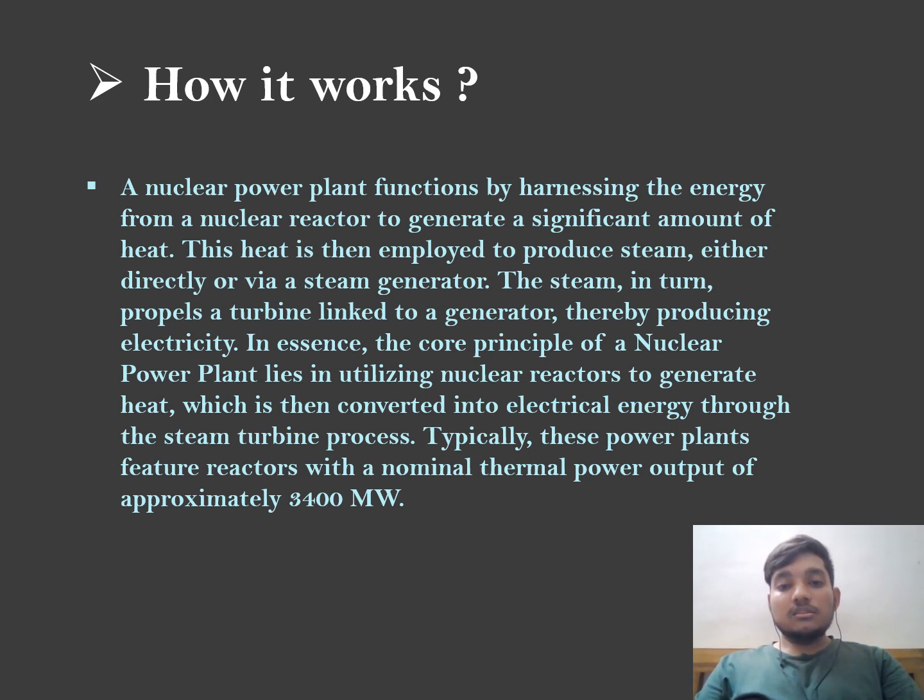In essence, the core principle of a nuclear power plant lies in utilizing a nuclear reactor to generate heat, which is then converted into electrical energy through the steam turbine process. Typically, this power plant features a reactor with a normal thermal power output of approximately 3400 megawatts.